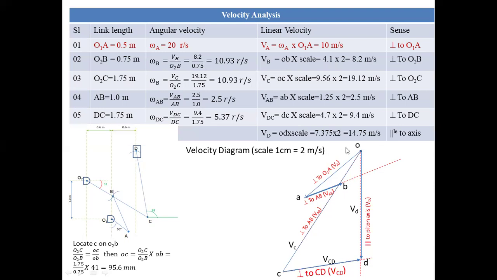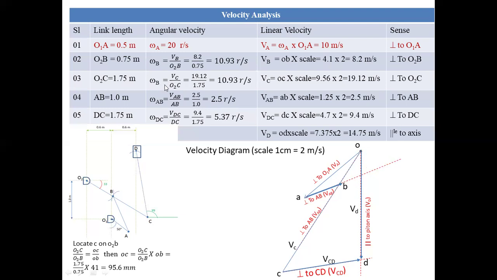Similarly, for O2C, you can find the angular velocity. Taking the overall OC value 9.56 into 2, that is 19.12 meter per second, divided by the O2C distance 1.75 meter, we will get the same angular velocity because points B and C are on the same link.